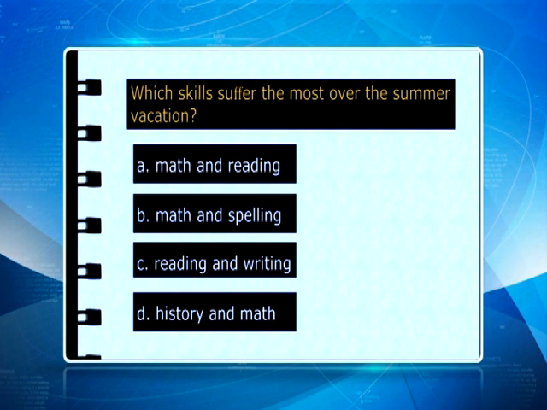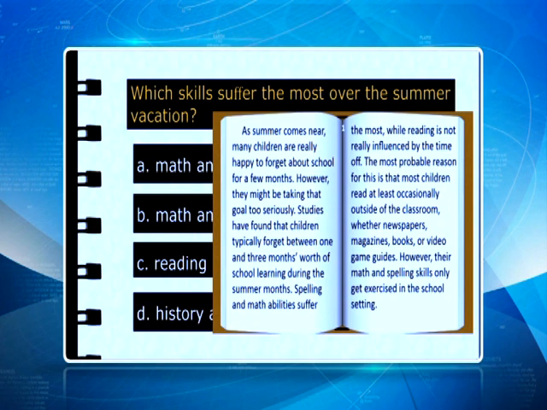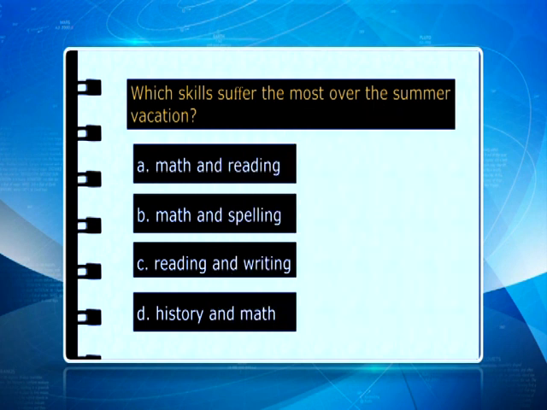Are they math and reading, math and spelling, reading and writing, or history and math? If you go to paragraph 1, you find at the end of the first page, spelling and math abilities suffer the most. So the answer must contain spelling and math. So here, math and spelling is the right answer.